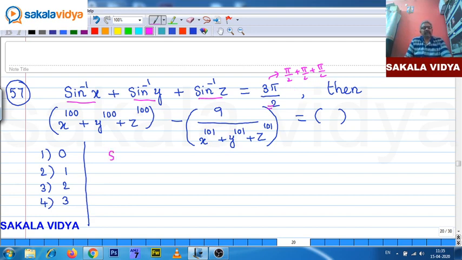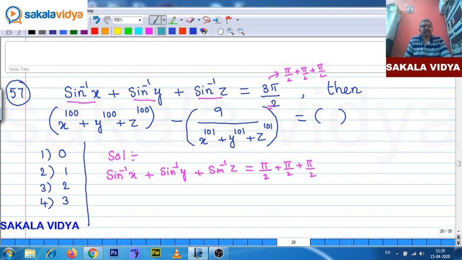So let us apply my plan. Sine inverse x plus sine inverse y plus sine inverse z equals 3 pi by 2 can be written as pi by 2 plus pi by 2 plus pi by 2.